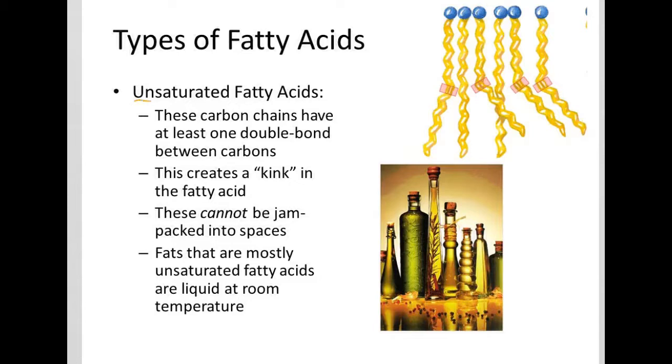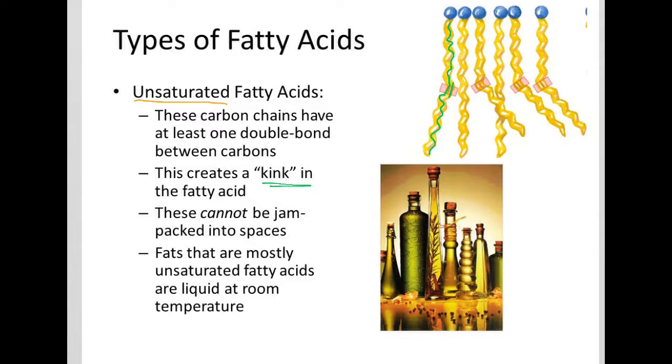The other type of fatty acids that we'll talk about are unsaturated fatty acids. These carbon chains have at least one double bond between the carbons, and that creates what we call a kink in the fatty acid. So it'll be single bonds, then a double bond, and then single bonds this way. And it ends up changing the angle at which the molecules propagate down the length of the fatty acid.